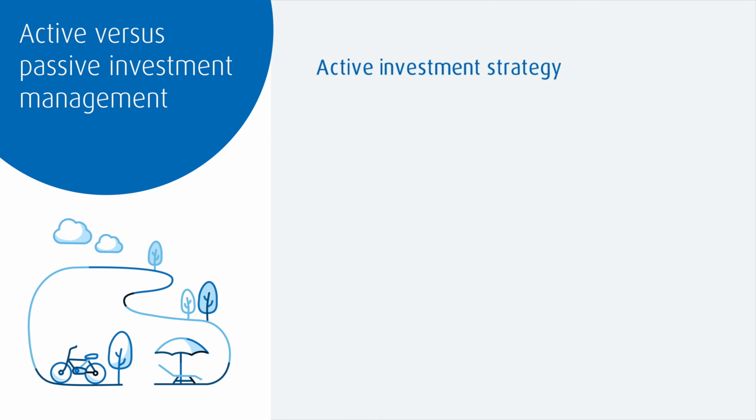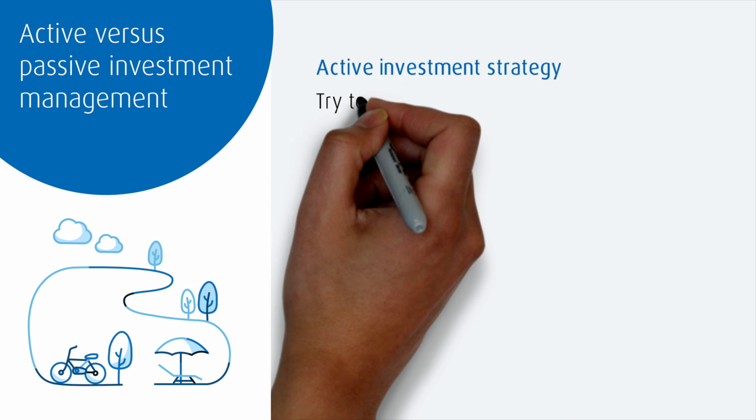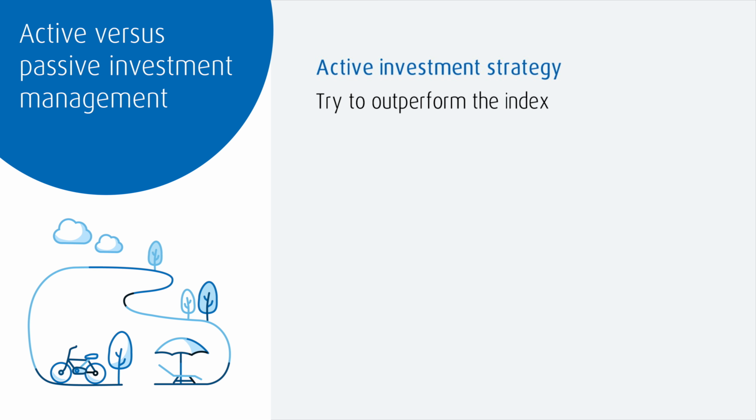Someone using an active investment strategy would try to outperform the S&P 500 in the hopes of getting a higher return than 7% for the year. Now, as a side note, another goal for an active investment strategy might be to get the same return for less risk. But for the purposes of this discussion, we'll just use the return comparison for now.